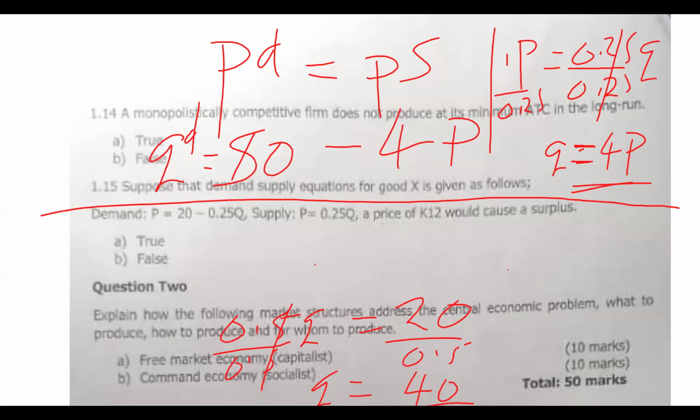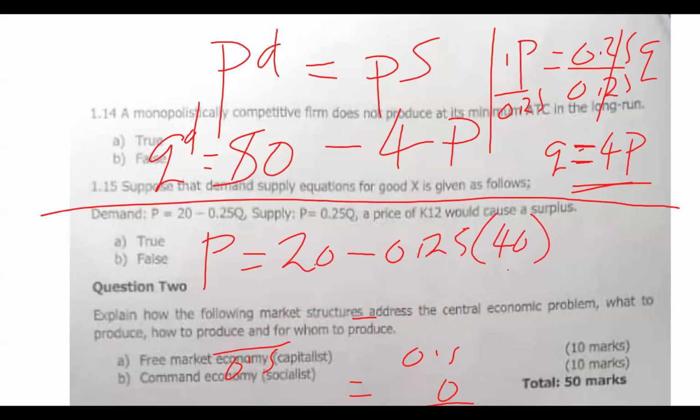You can pick the demand one: 20 minus 0.25 Q, and where there is Q, we put 40. So we are looking for the equilibrium price. What is the equilibrium price?